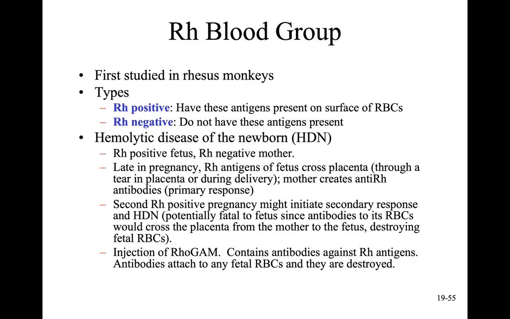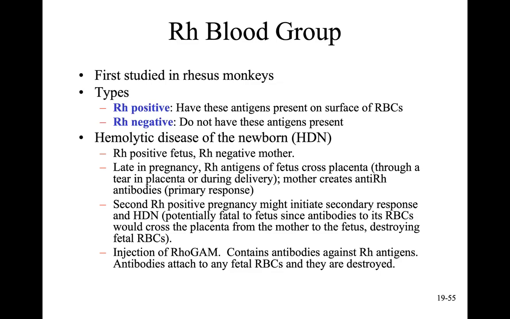But what happens when we give normal vaginal delivery? Well, have you guys ever seen any kind of birthing that's normal vaginal delivery? It's a pretty, I would say, pretty violent process. There's a lot of blood that gets mixed in, right? That's the only time when there's mixing of blood.